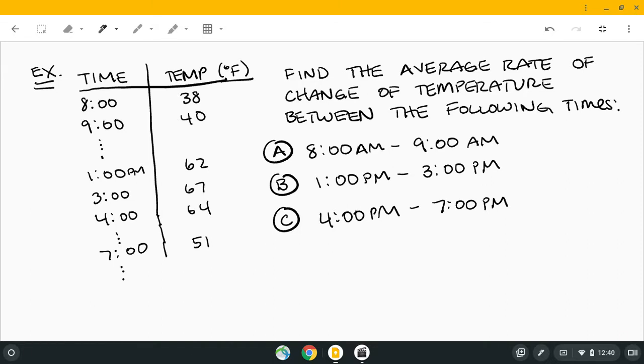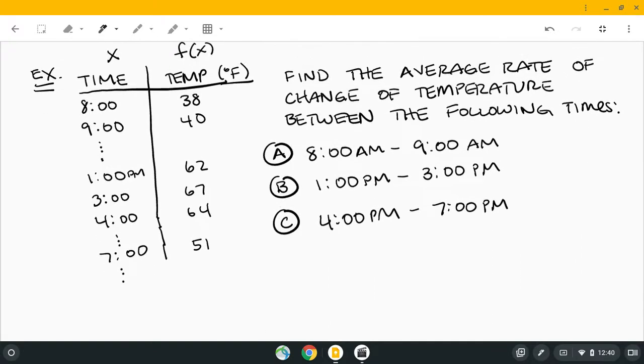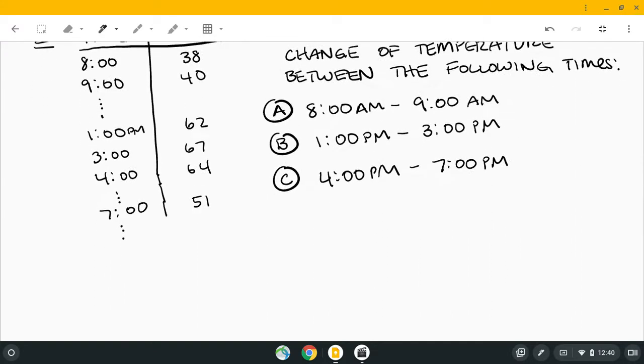You'll notice here in this example, we don't have a function, which is fine because we do have the table. And remember, these are your x's and these are your f of x's. All right, so go ahead and give that a try. See if you can find the average change in temperature.